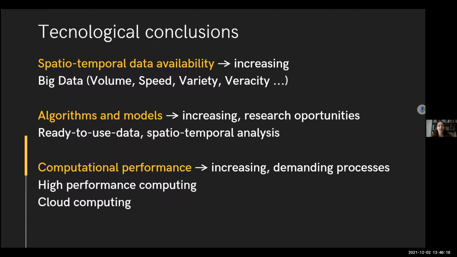So sometimes we need to think about integrating high performance computing, distributed computing, or parallel computing, or even starting to use cloud computing and processing outside of our personal computer, and starting to use some already available structure.